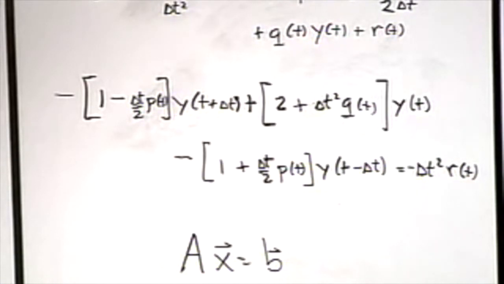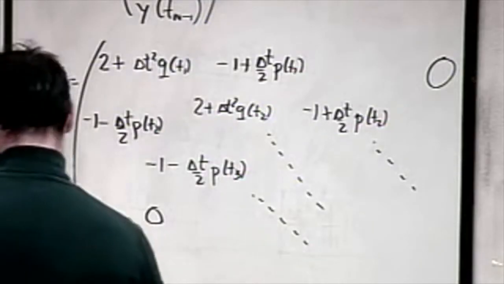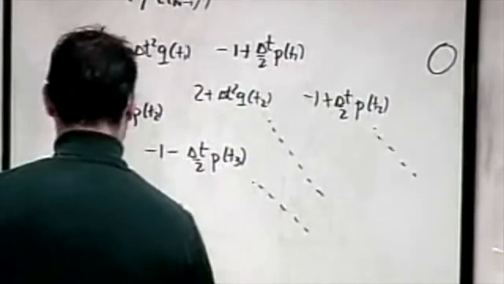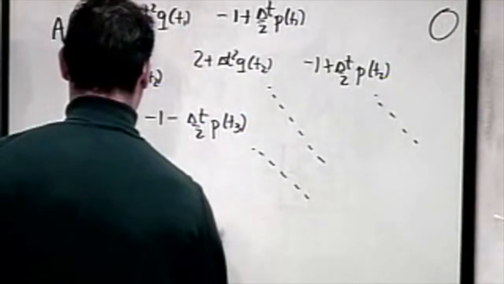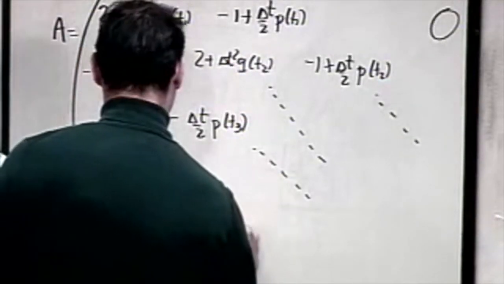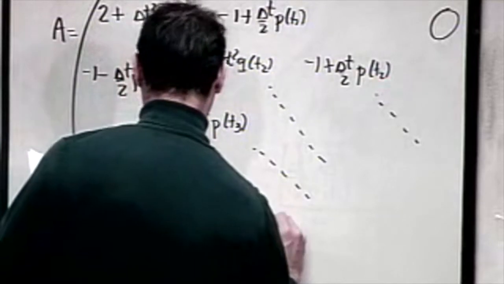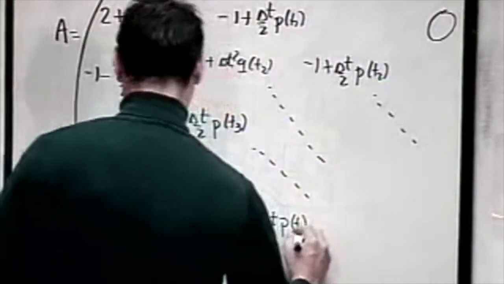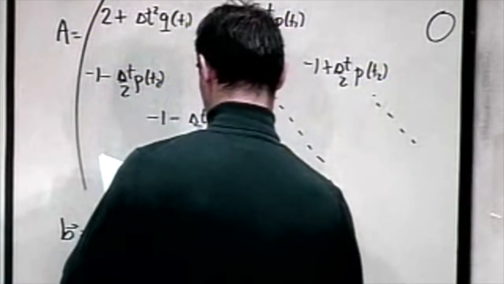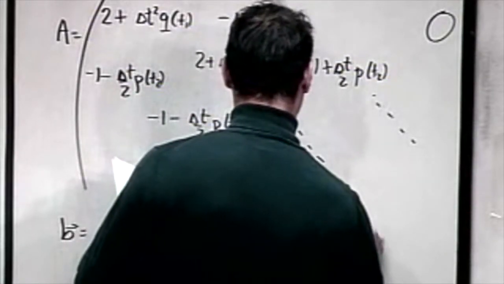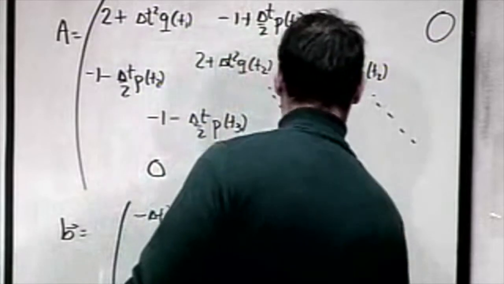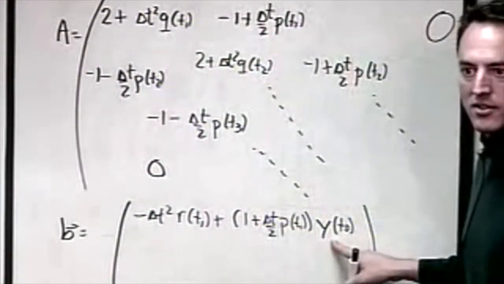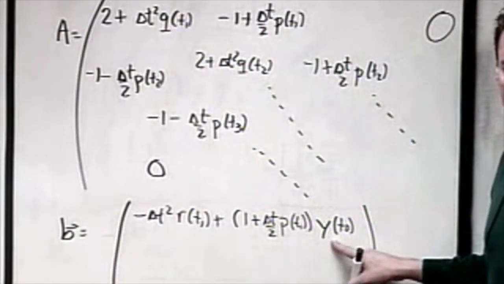I'm almost out of space here, but I'll just fit one more thing down here. The vector b is equal to negative delta t squared R of t1 plus 1 plus delta t p of t1 over 2 times y of t naught. Remember, you already know what y of t naught is. It's alpha.